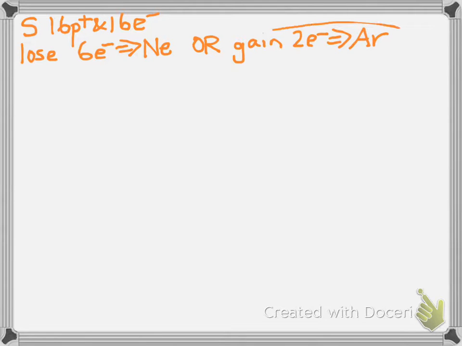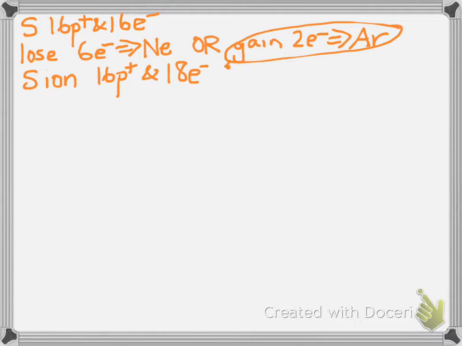It's going to do whatever's easiest, so it's going to gain 2. So sulfur as an ion is going to have 16 protons and 18 electrons. Therefore, positive 16 minus 18 gives me a charge of negative 2.